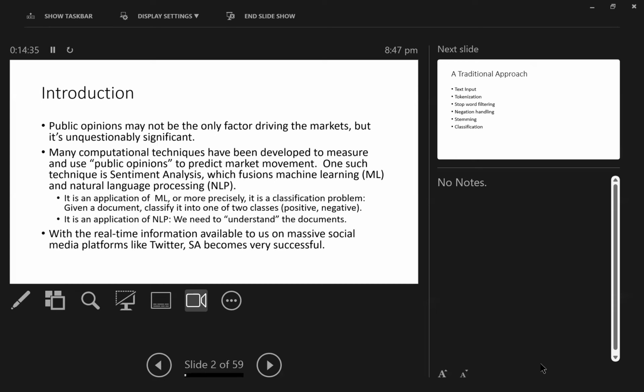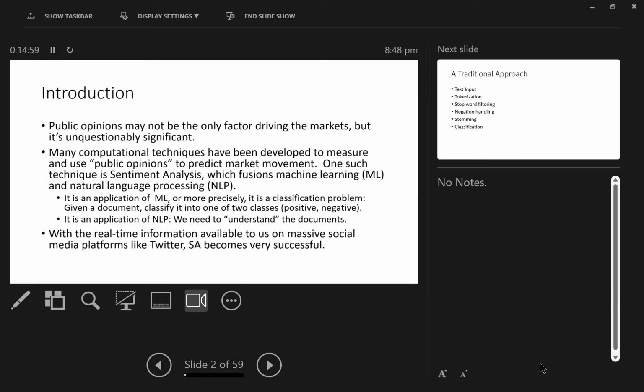Okay, from this understanding of the natural language, we can determine, for every piece of information, whether this information will give a good opinion or bad opinion on what we are interested in. Okay, so this is called sentiment analysis.